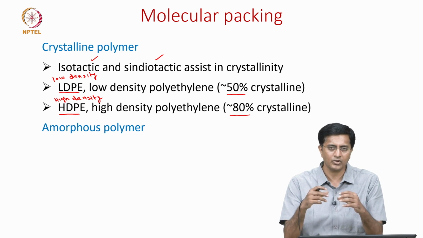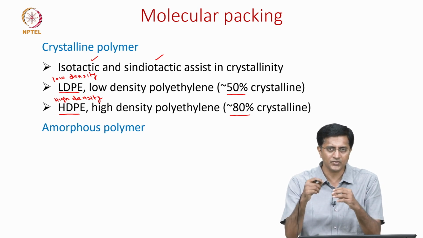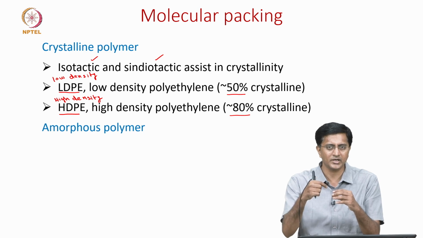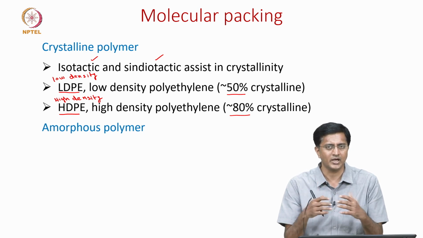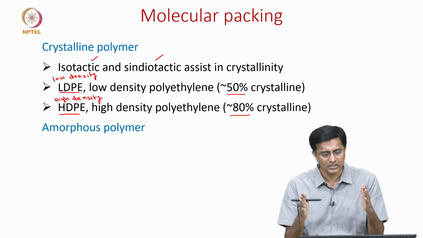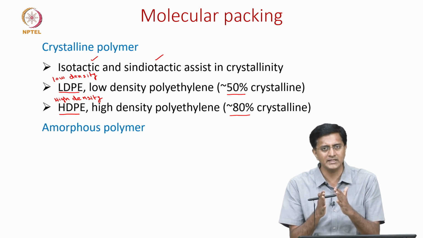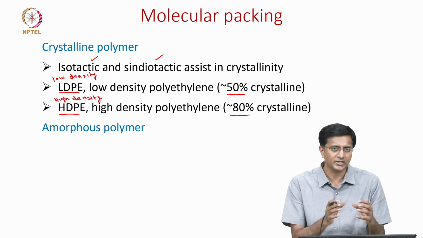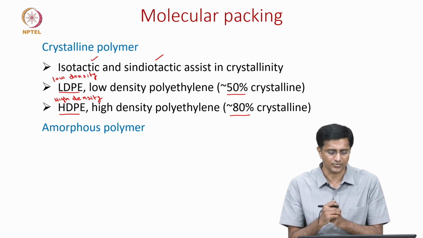So, because of the process parameters, one of the hydrogens is removed and then a chain comes and is attached, which leads to branching. As we know, once we have branching, the possibility of them coming together is less. That is why only partially it can crystallize and the rest goes into amorphous.